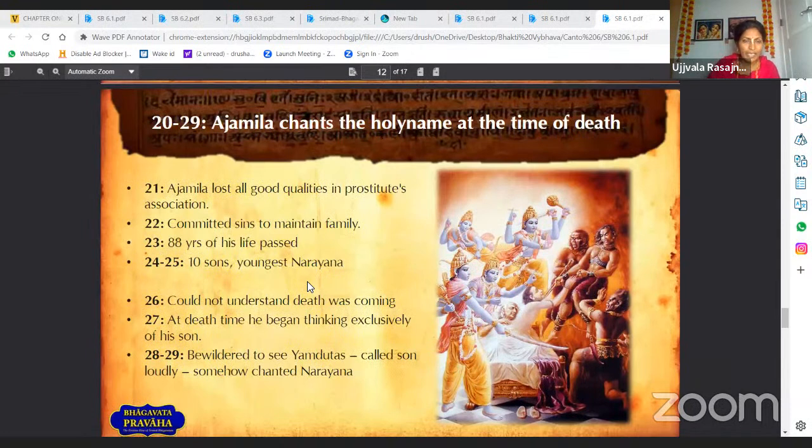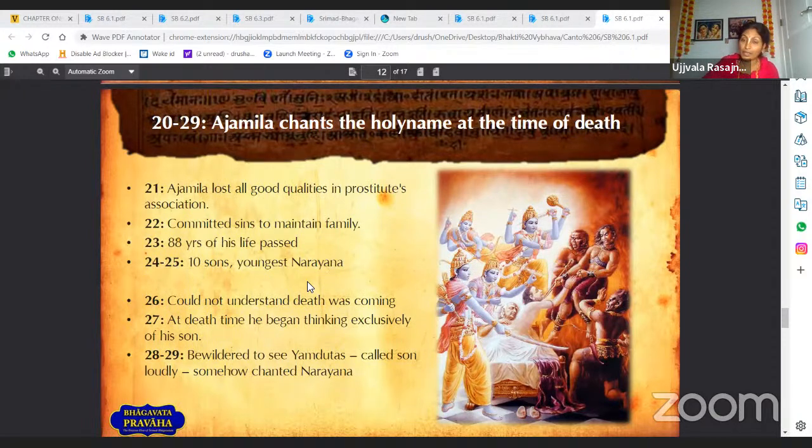He has lost all good qualities. He has abandoned his parents, his chaste wife. He abandoned all his duties and he married this prostitute and took up this sinful occupation of killing people, robbing people. So what is it that he did not do?